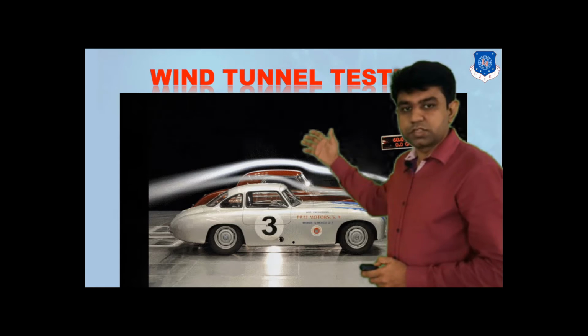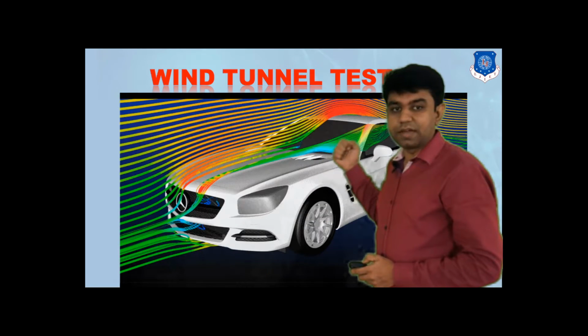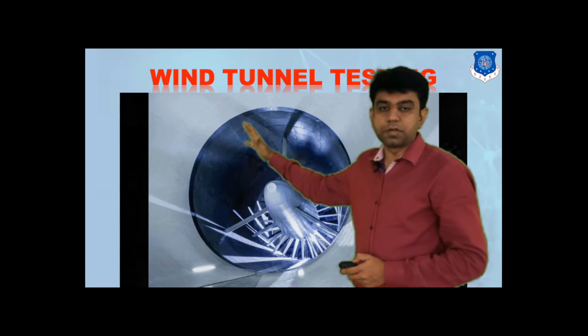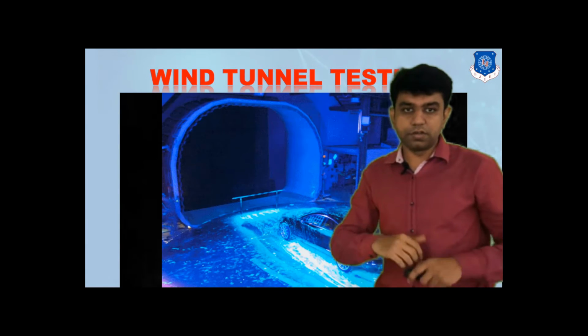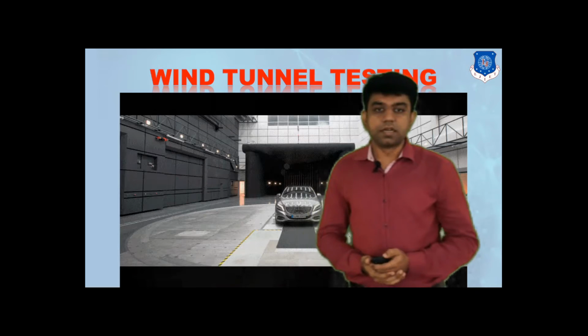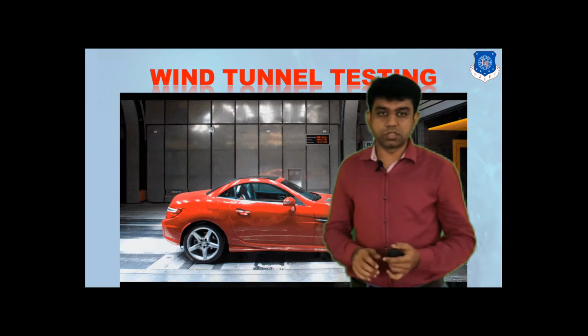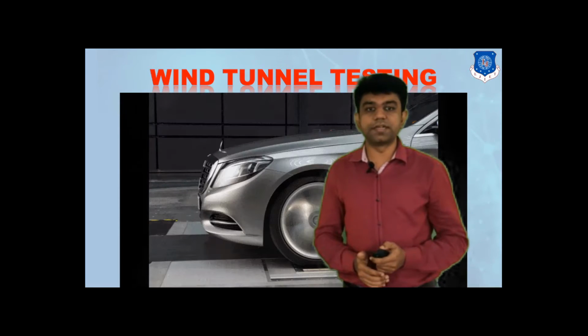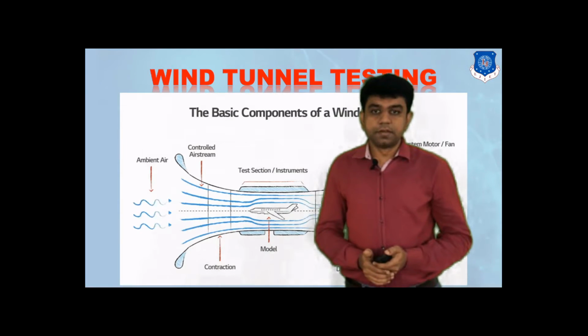Normally the wind tunnel appears like this, and it has a spray of wind on the particular automobile, and we are going to evaluate a number of aerodynamic parameters such as lift and drag. So let us understand wind tunnel testing in detail.